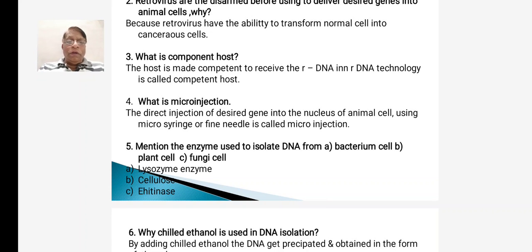Suppose in case of fungi, that is fungal cells, the chitinase enzyme is used. So lysozyme for bacterial cell, cellulase for plant cell, chitinase for fungal cells. Okay. Next.